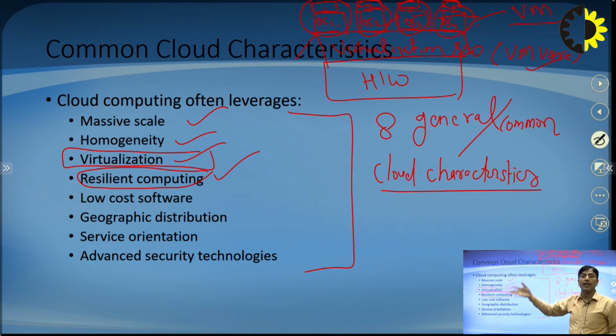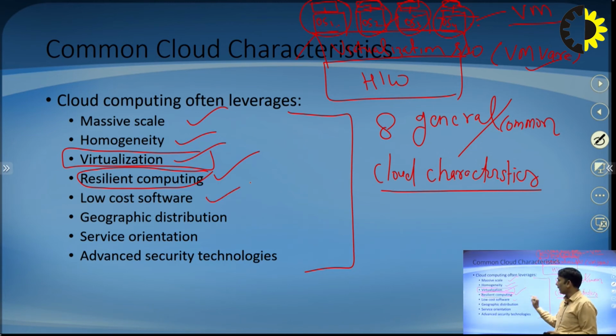The system does not crash. But in traditional computing, if our system is attacked by a virus and damaged, it can crash and we cannot do anything. Here that is not the case. So that is resilient computing.